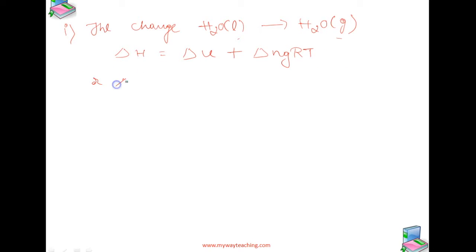Now you want the change in internal energy, so you can write delta U is equal to delta H minus delta Ng into RT.